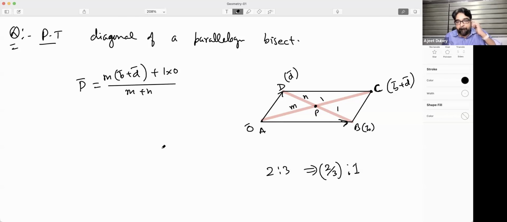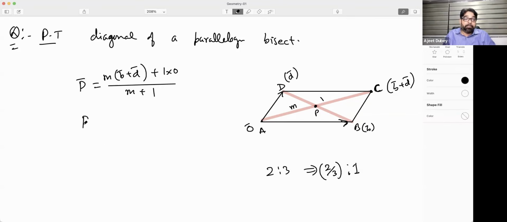Agree, everybody? Sorry, N is not there, it is m plus 1 in place of that. Forget about this n, otherwise you'll get confused. This side I'm saying m by 1, so m will multiply here, 1 will multiply with 0, divided by m plus 1. Clear to everybody?